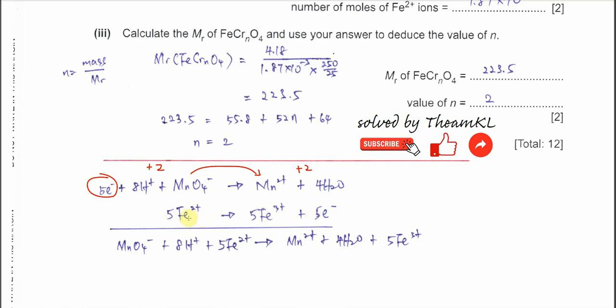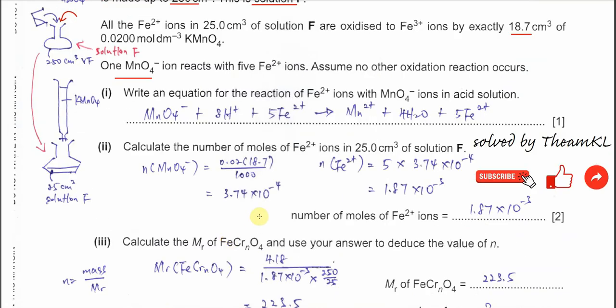Because iron 2 forming iron 3 releases 1 electron. Because we want the same number of electrons, 5 electrons, we need times 5. Once it's done, then you can combine these two. Just sum up those species, left to left, right to right. So you get this equation. This is how you get the overall equation.